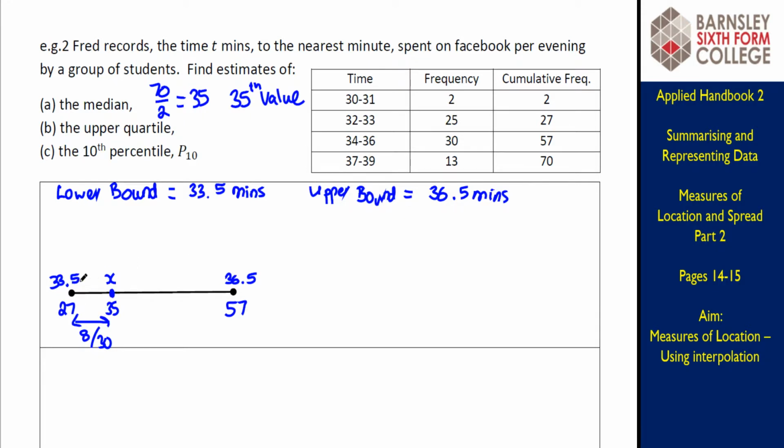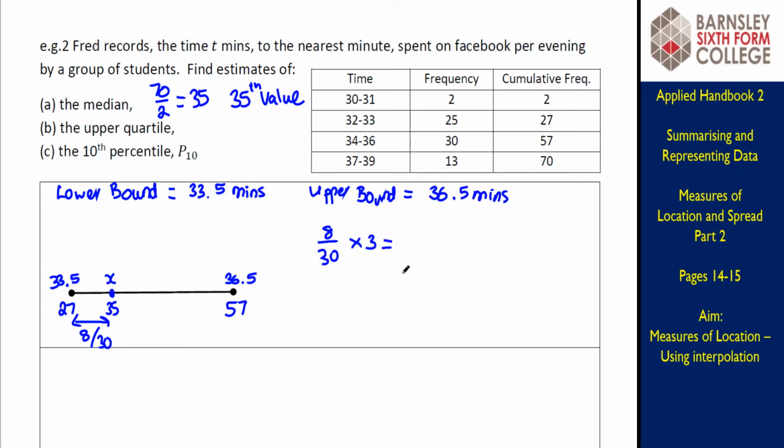So now what you need to do is consider how long this line is. This line has a class width of 3, and it's still the same fraction of the line to go from here to here. So what we need to do is work out what 8/30ths of 3 is. The whole line has a length of 3, and we want to go 8/30ths of the way into that.